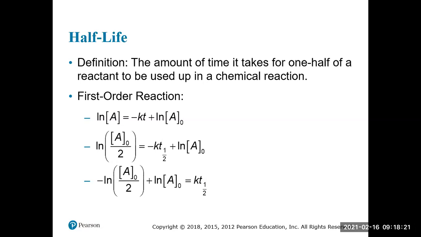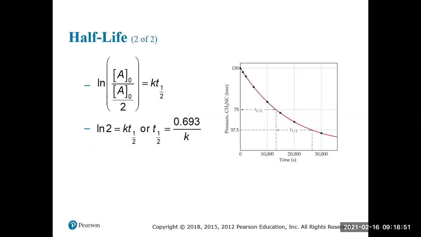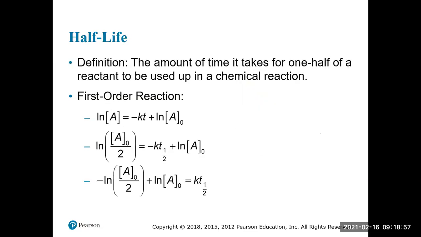So we make those substitutions, and then we do some rearrangement. By rearranging, we get minus the natural log of A0 divided by 2, plus the natural log of A0, equals K times T at half-life. We can further rearrange that so we get our natural logs all together.